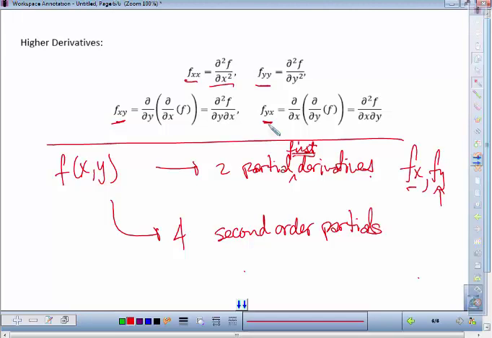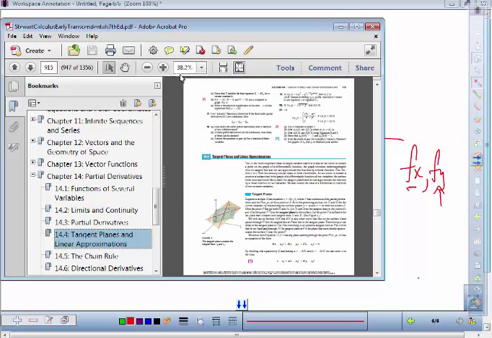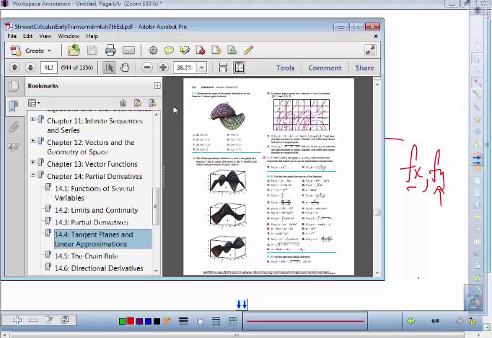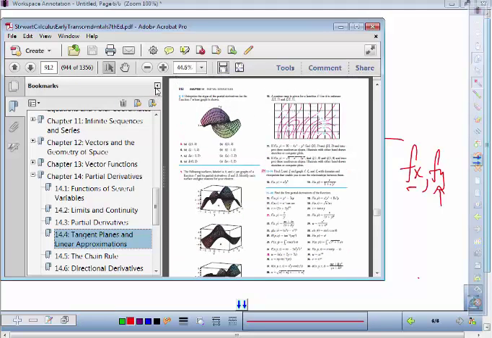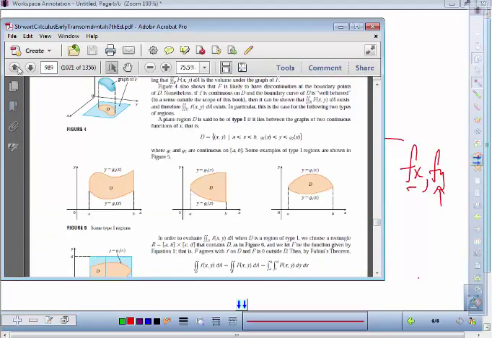Let's see if we can find some simple examples of finding partial derivatives. I don't know if the word simple is a word to use. Oh, man.